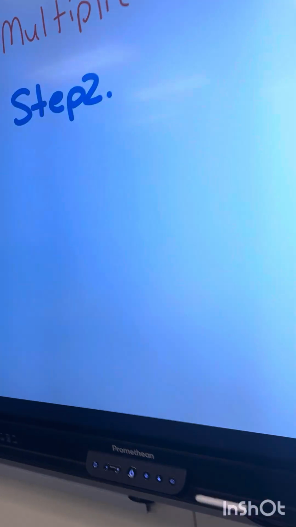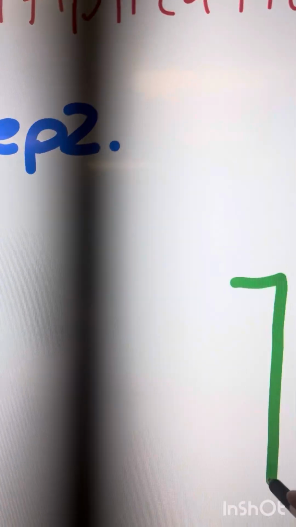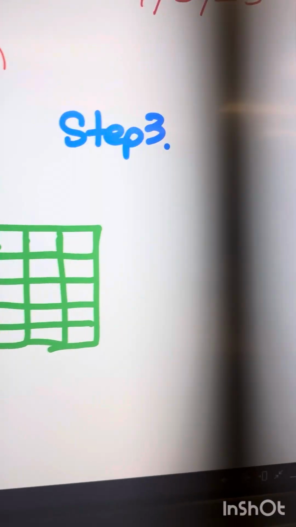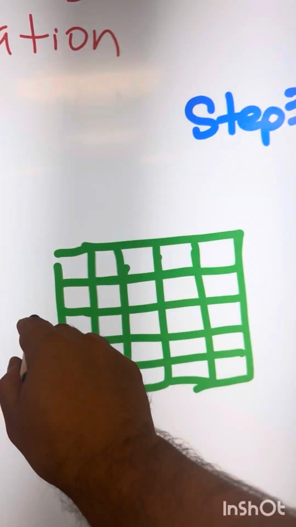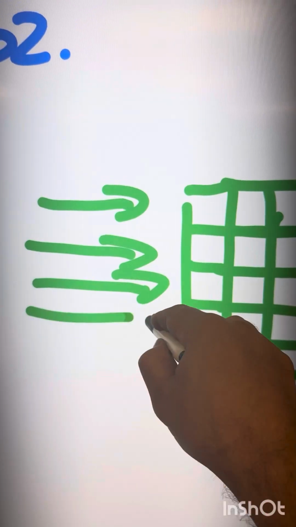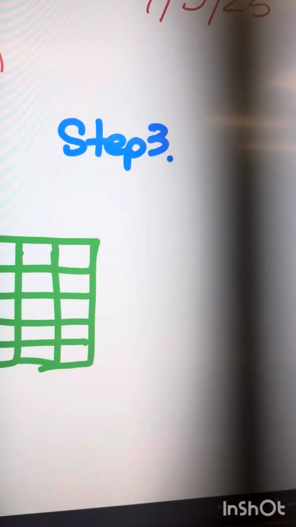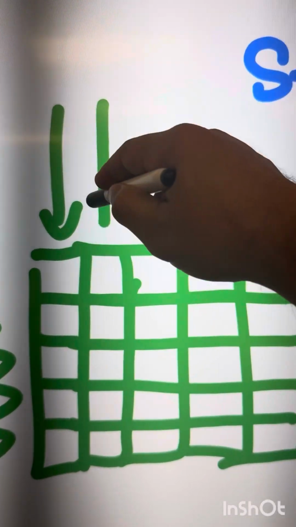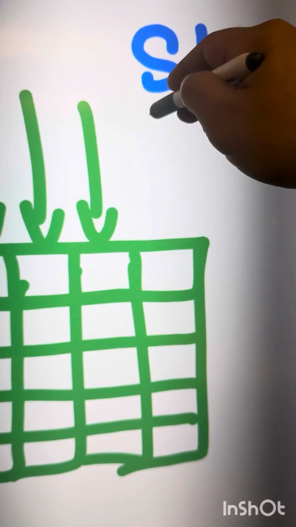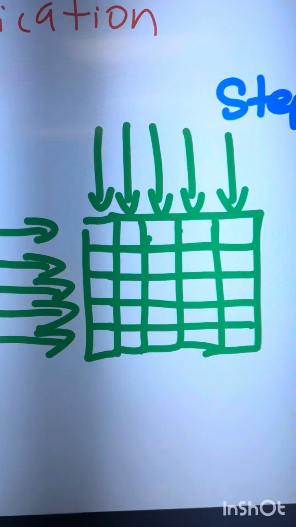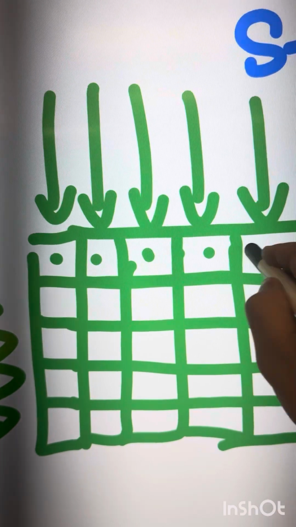What are you talking about, Mr. J? Rows, columns. This would be 5 rows going this way, times 5 rows going down, which equals 225, because what they're doing is they're trying to count every cube in here.